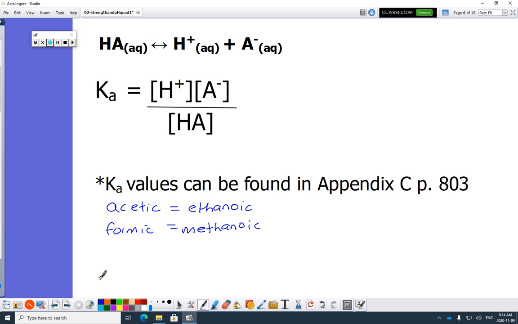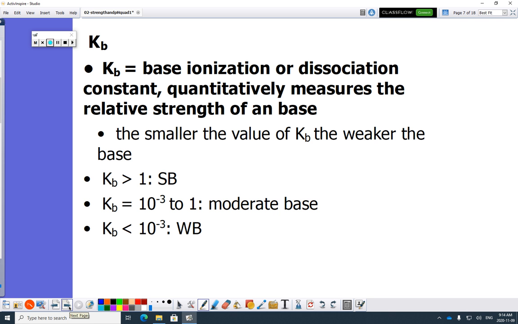Okay, we can do the same thing for bases. Bases in general, weak bases are less common because they actually are pretty toxic. Things like ammonia, amines, those molecules are pretty smelly and sort of associated with the breakdown of proteins, which if you think about human beings, that's not really what we're aiming for, right?